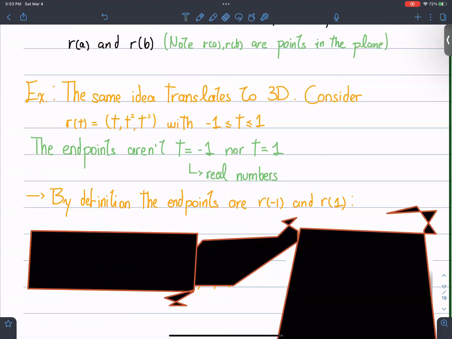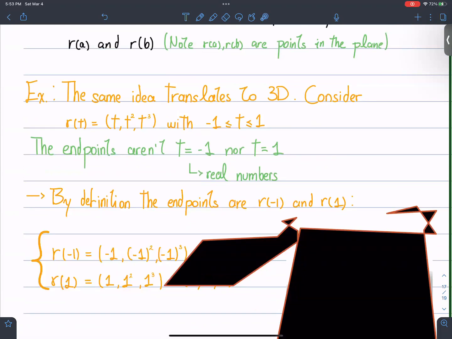So let us evaluate. We have that r of -1 is -1, -1 squared, and -1 cubed, and r of 1 is 1, 1 squared, and 1 cubed. So what we have done is that we have plugged the value here into our expression for r of t and taken the result. Now we just simplify to obtain the following.